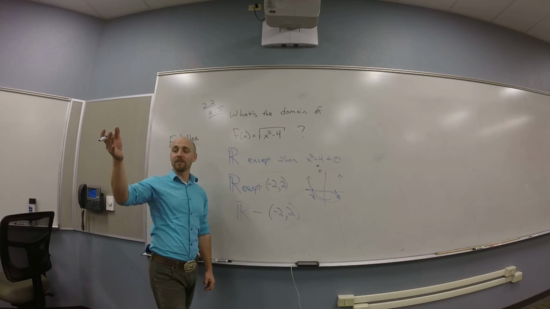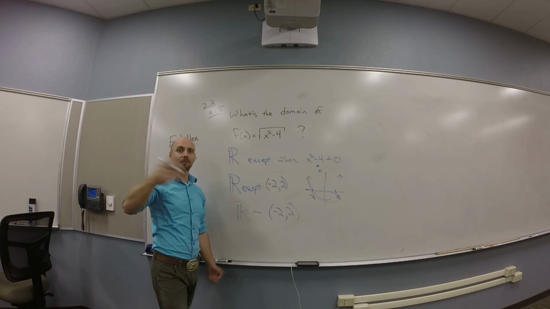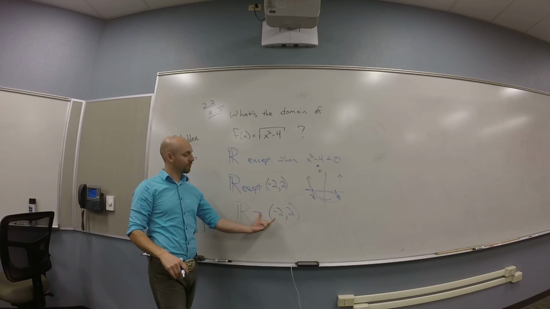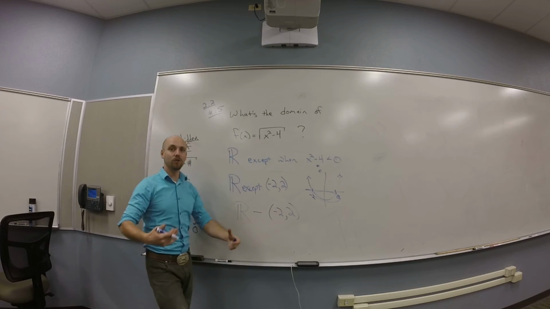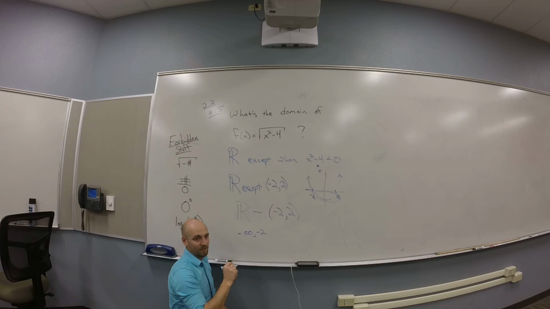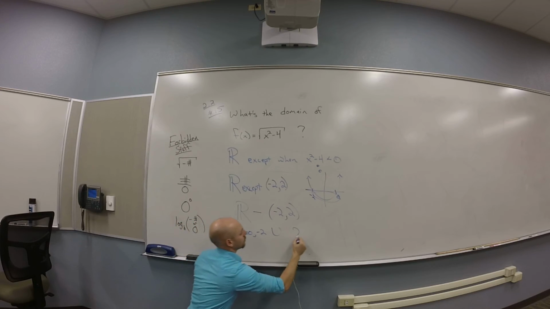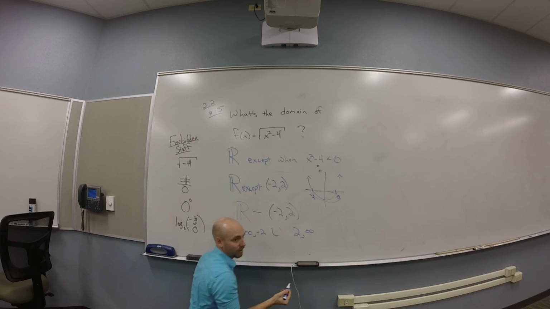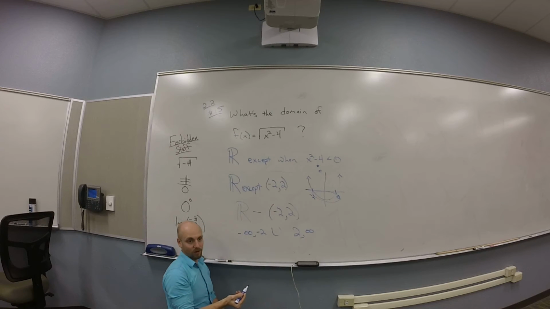Or you could write this in interval notation by drawing a number line and then looking at which values aren't in here. If you do that, you'll end up with minus infinity up to negative 2, union, 2 to positive infinity. What brackets do you put on stuff?